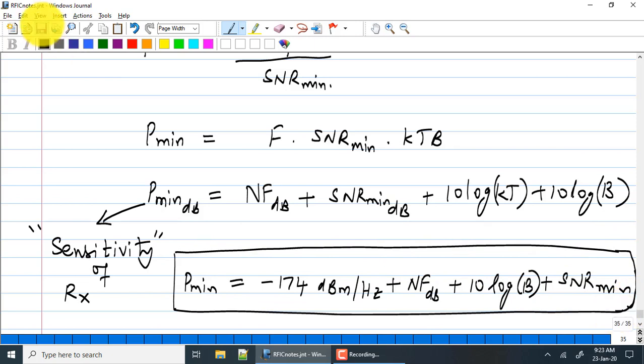Okay, any questions? So this is called the sensitivity of the receiver. So literally, this is the smallest modulated signal that can be received by the receiver while meeting the SNR requirement. Okay, and as you can see, there are various portions, and this is in dBm.